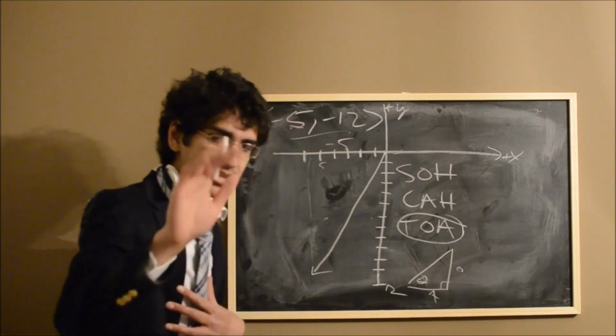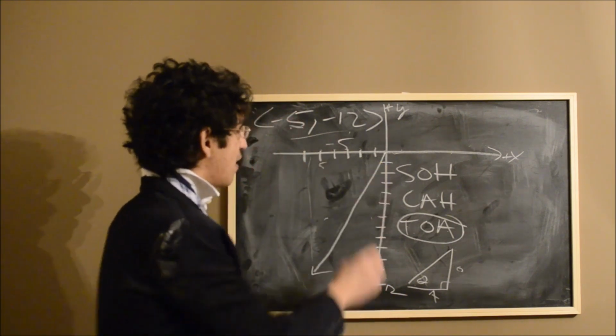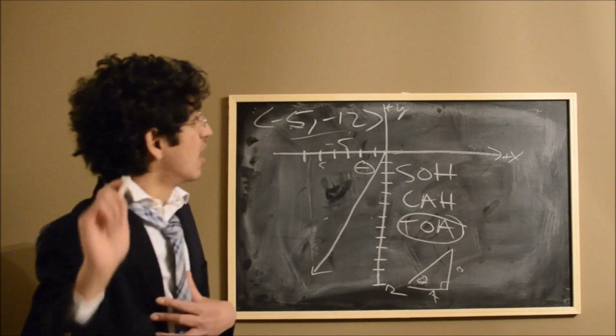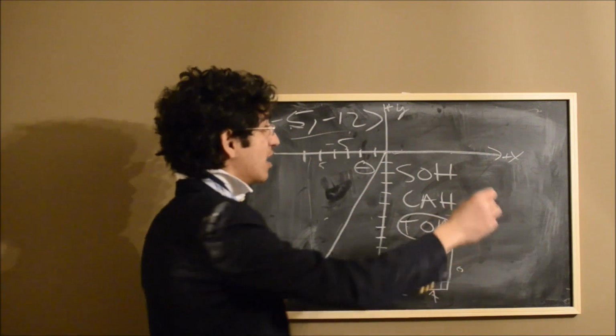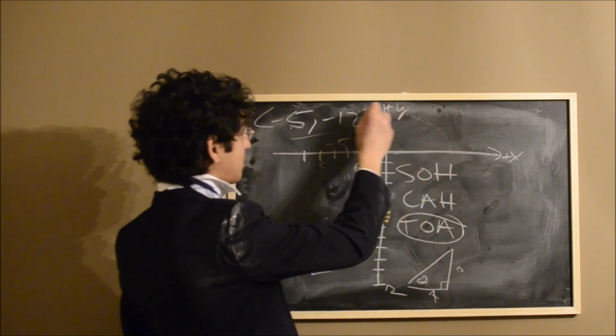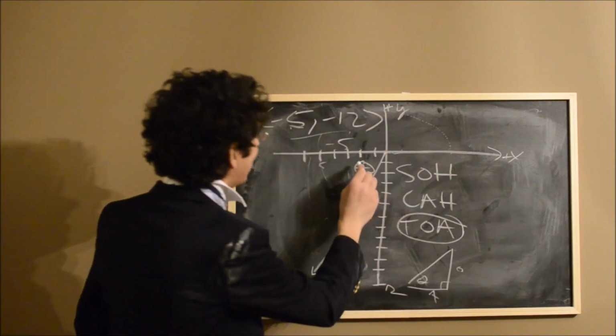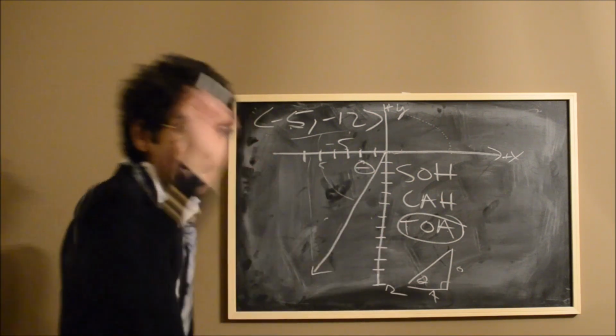But for the purposes, we want to essentially find this angle, which will help us ultimately to find the angle that it makes from the positive x-axis. But the first step to doing that is finding this angle right here. So how do we do that?